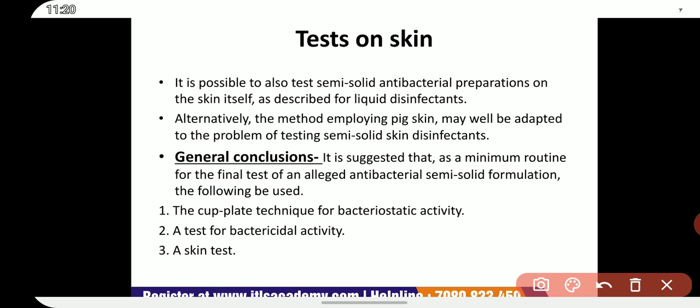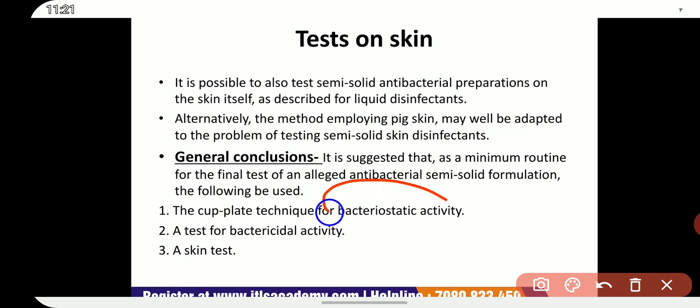Here, one thing: bacteriostatic is a phenomenon that doesn't kill bacteria but stops or inhibits the growth or reproduction of bacteria, while bactericidal activity is a phenomenon that kills the bacteria.